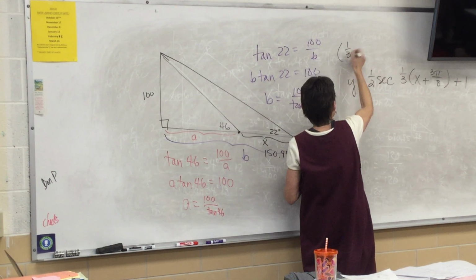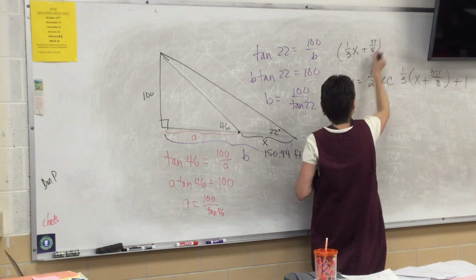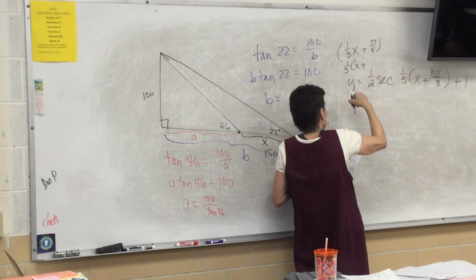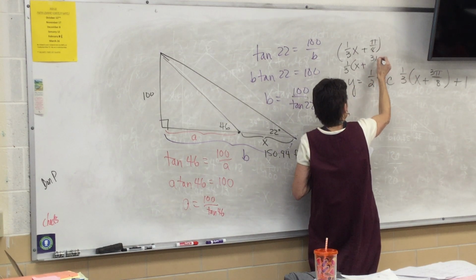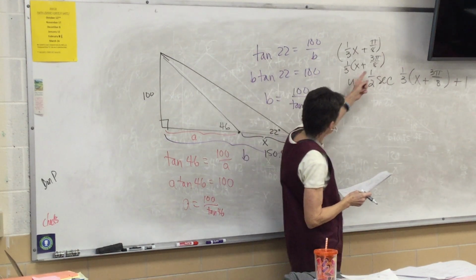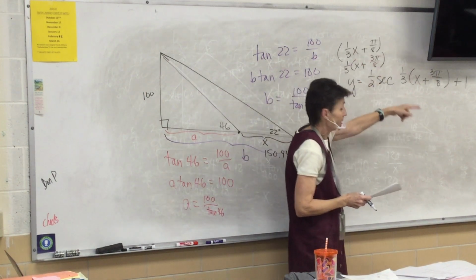In the beginning, that was 1/3 x plus pi over 8. So when I pull out a 1/3, that's like dividing by 1/3, which is multiplying by 3. So if I take 1/3 times 3 pi over 8, I get the original pi over 8.